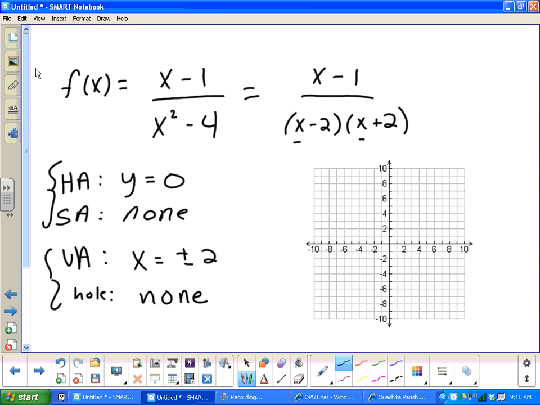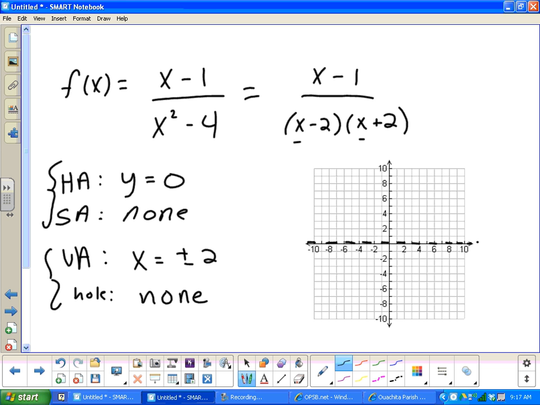All right. To graph asymptotes, all you do is just draw dotted lines. Okay. So a horizontal asymptote of y equals 0 would look like this. This would be a horizontal line that would basically be the x-axis. All right. And now we've got vertical asymptotes at 2 and negative 2.